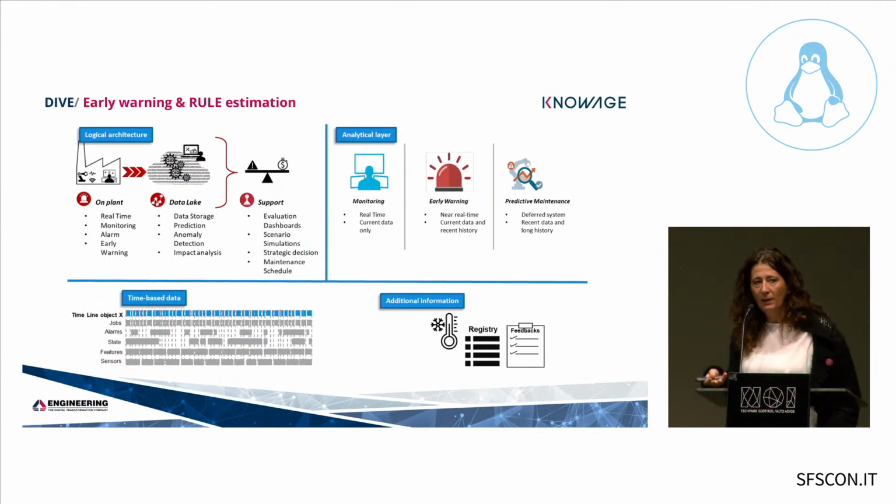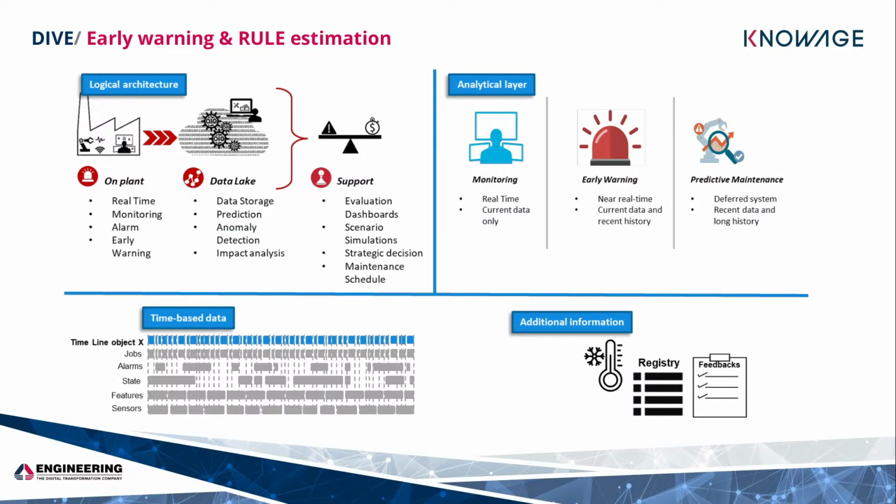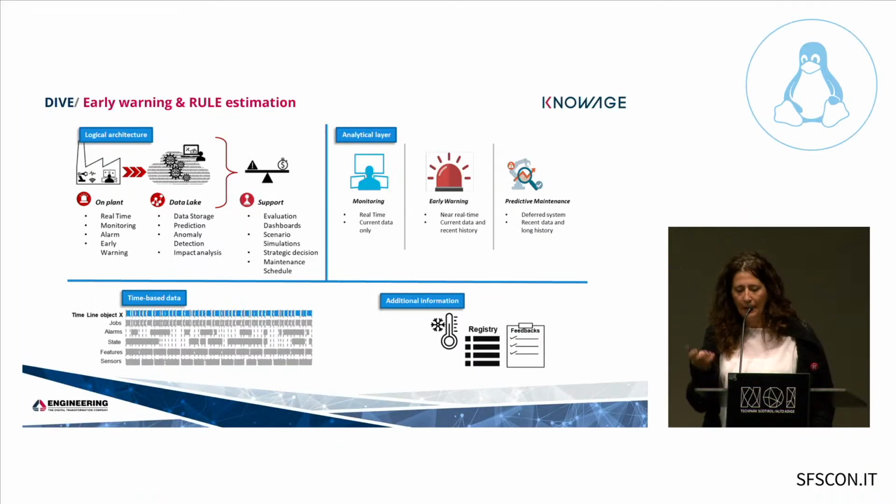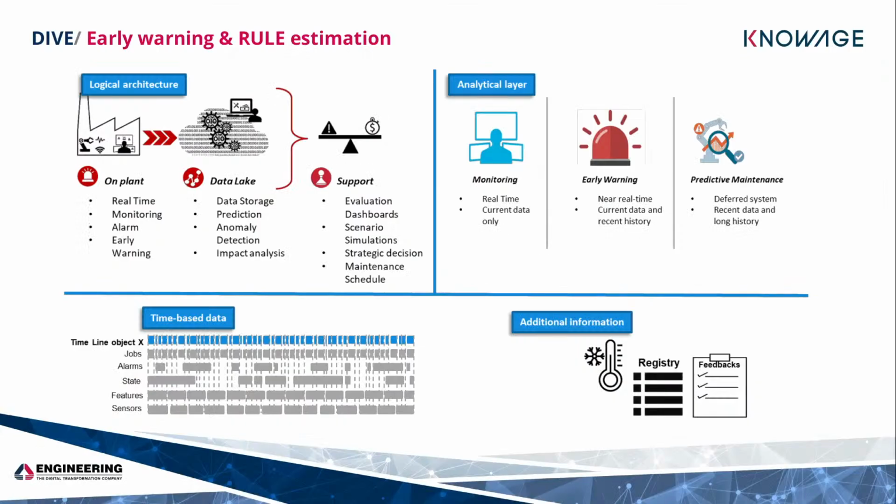Here we work on a plant where we collect operational data that comes from jobs, alarms, any kind of sensor the customer has in the field, features, and so on. And this at runtime, in real time, at the end of each workload, we ingest those data in a data lake on the cloud.